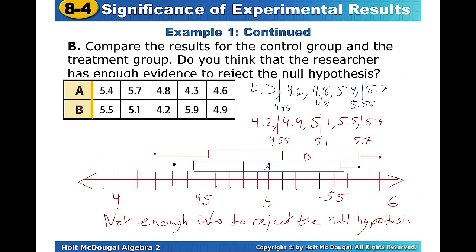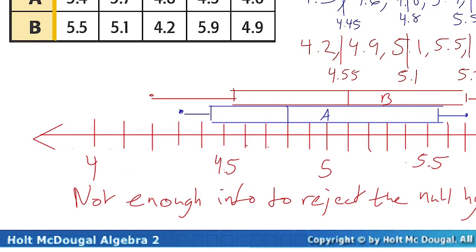Now remember, our null hypothesis stated that the two groups are the same. So we're not going to reject that. We're going to accept it. So that means we're saying the two groups are the same, or it's the same enough.